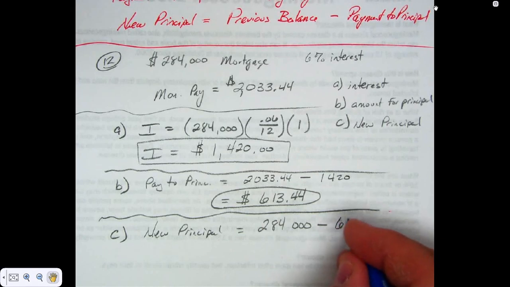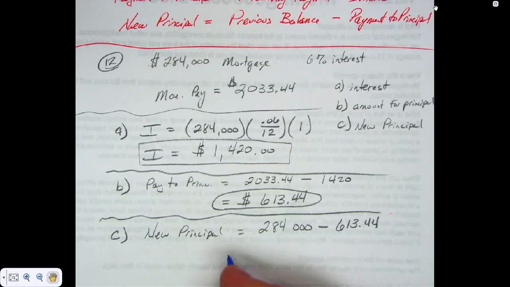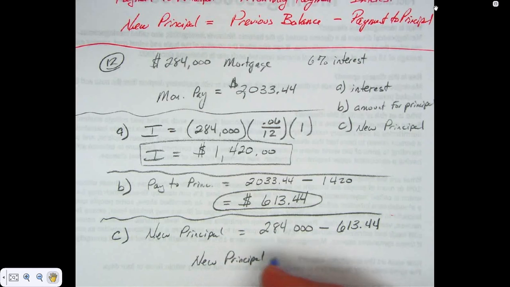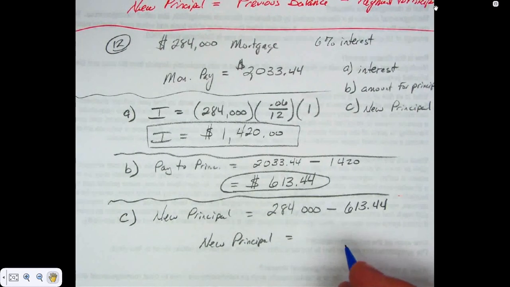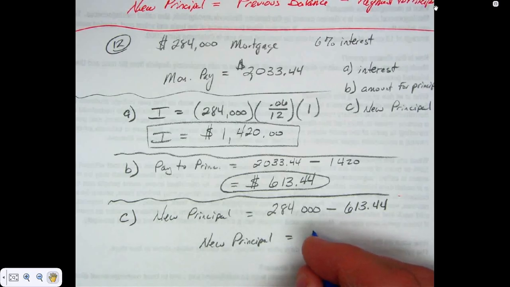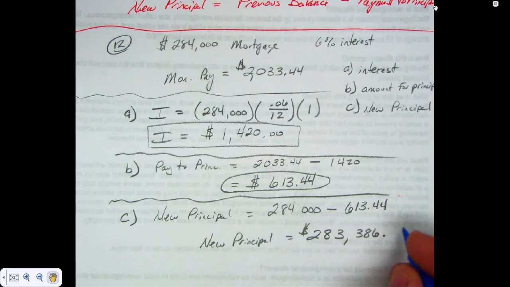We paid $613.44, correct? Because that's what we paid towards the principal. Would you guys agree? So our new principal for next month is whatever that subtracted is, and what is it? $283,386.56.